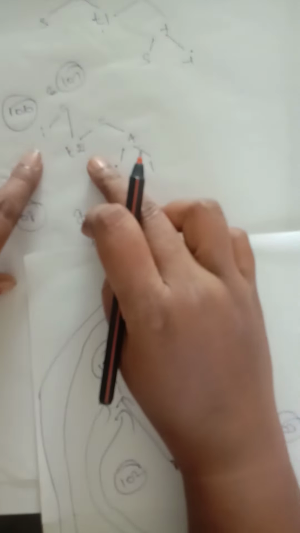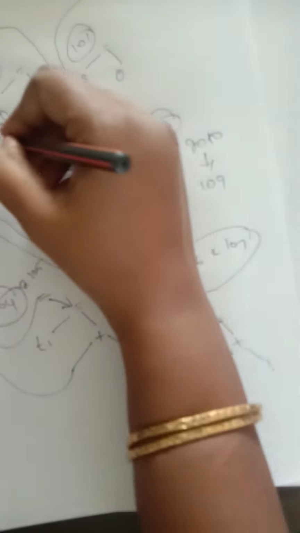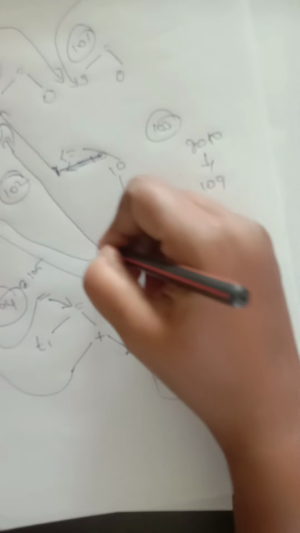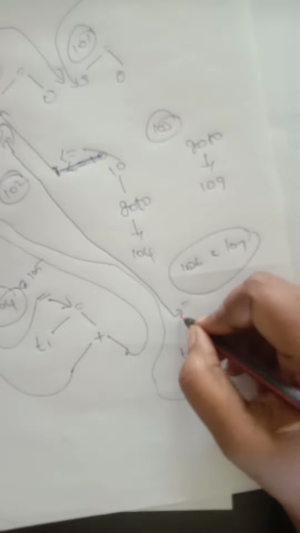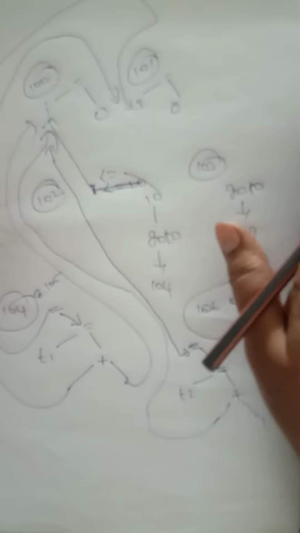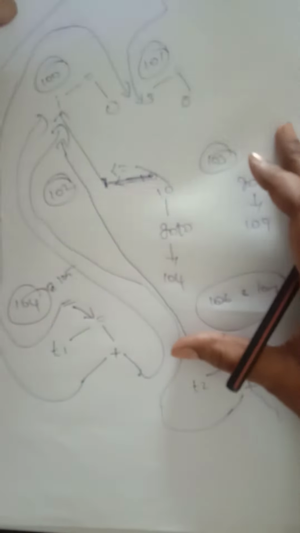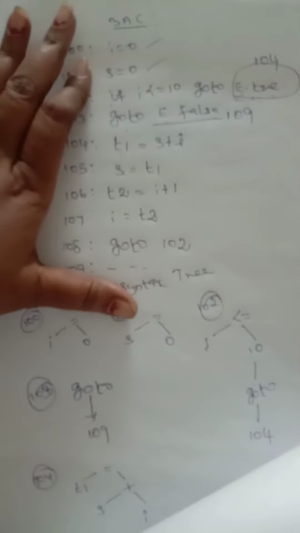Then we have to assign that result to variable I again. So in 107, I equal to this thing. Again call the same variable here. I equal to this thing. So this entire diagram represents the optimized code of these things. Okay. Thank you.